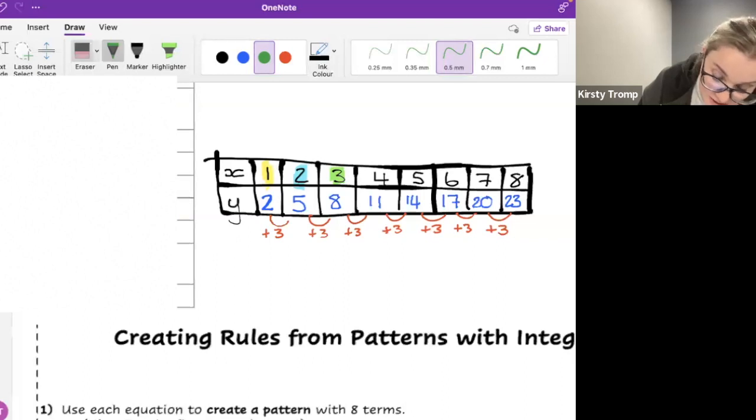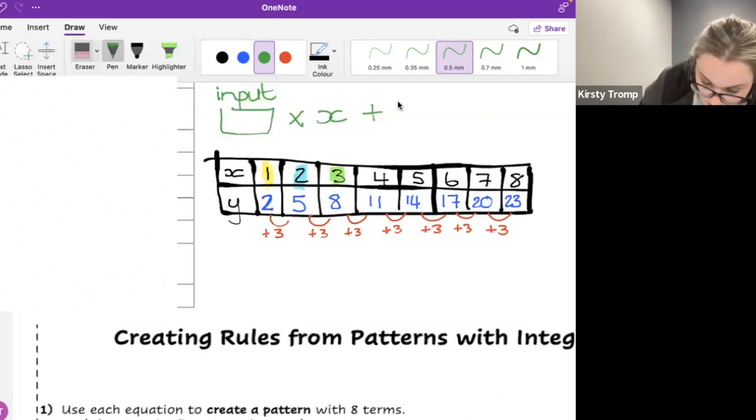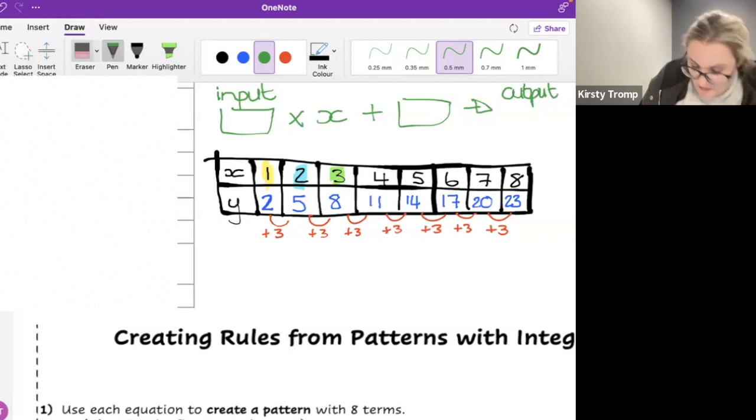So we said that we were going to take our inputs and multiply them by x, plus something, and we were going to get our output.